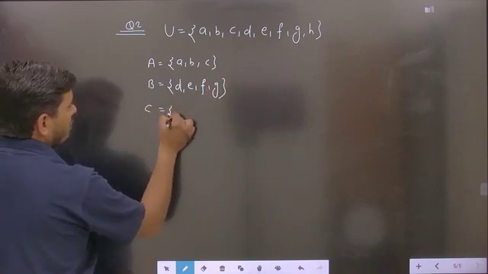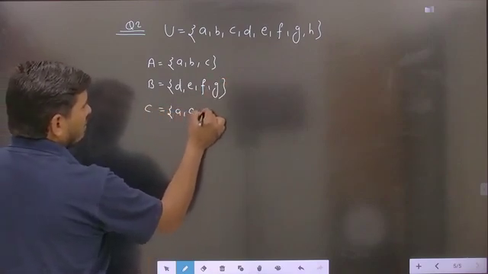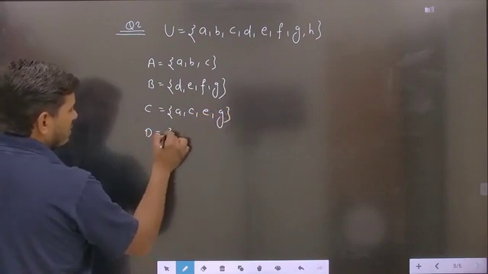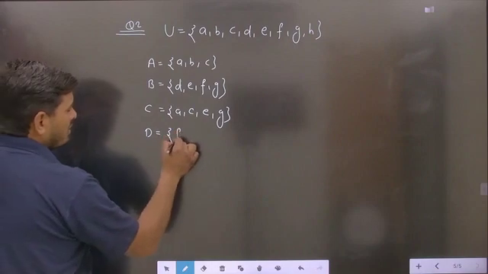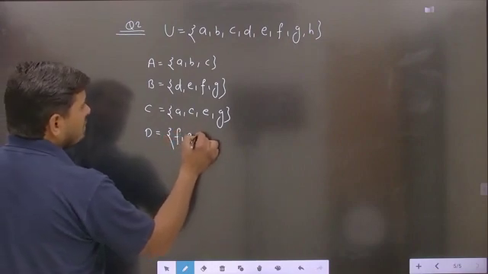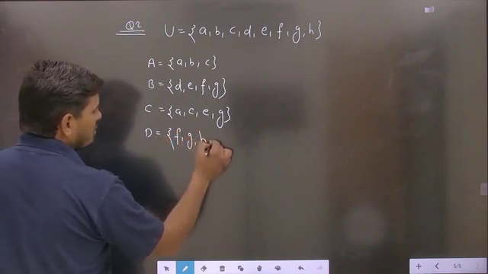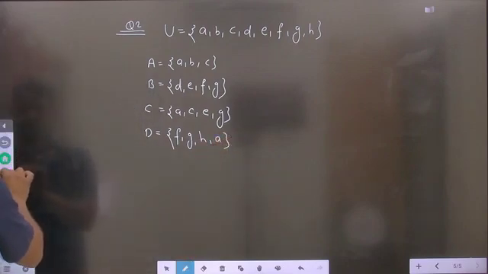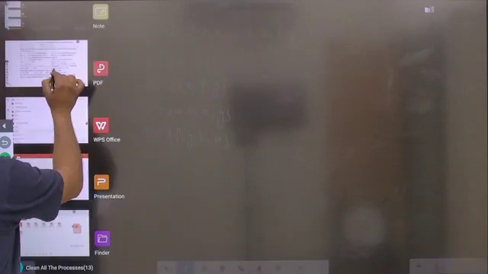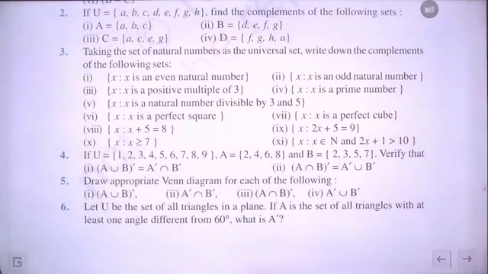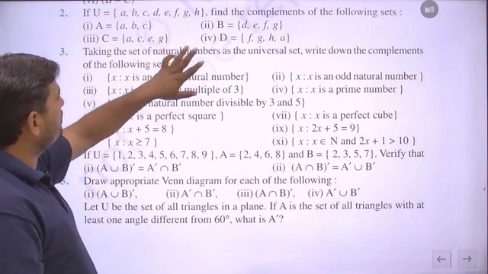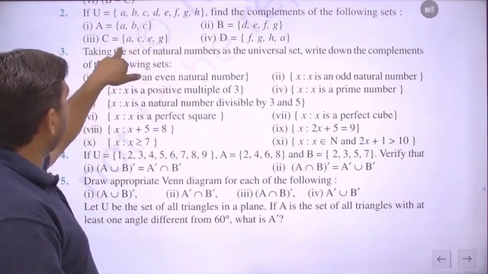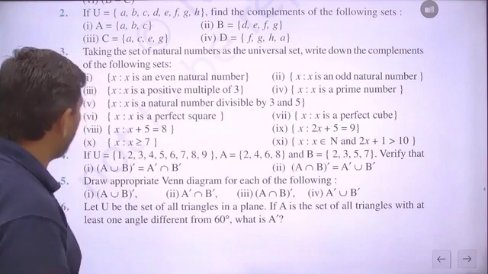Set C is given as A, C, E and G, and set D is given as F, G, H, A. You can check the question again whether we are writing it correctly or not. So U is A, B, C, D, E, F, G, H, and then A, C, E, G and F, G, H, A, no problem.